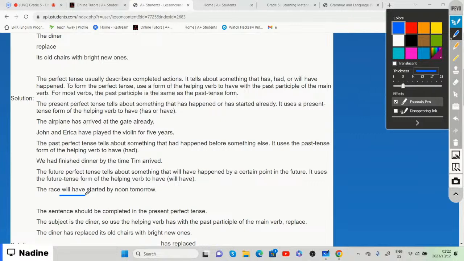So basically, perfect verb tenses usually describe completed actions. They tell us about something that has, had, or will have happened.